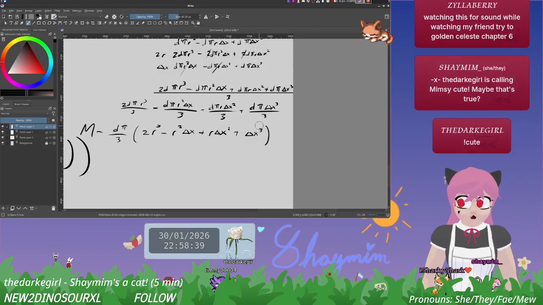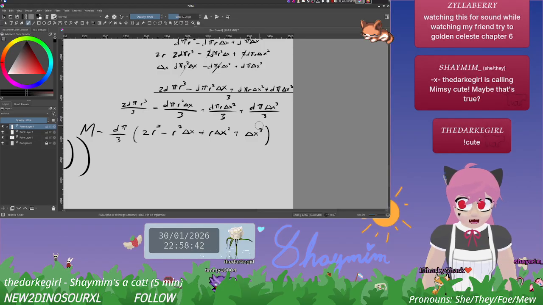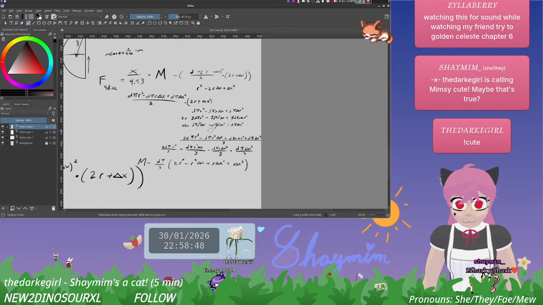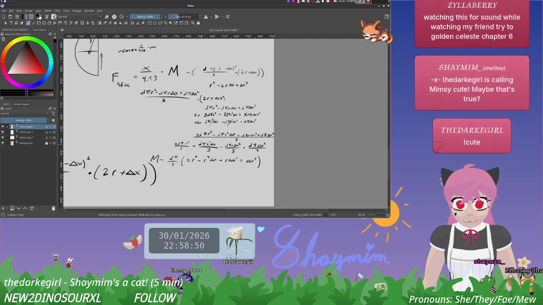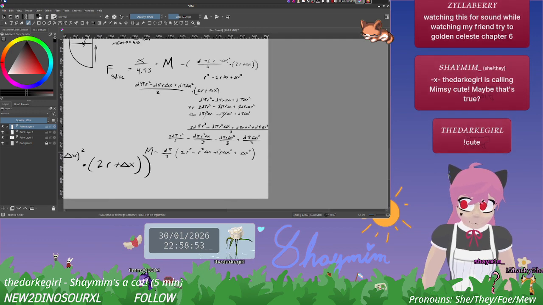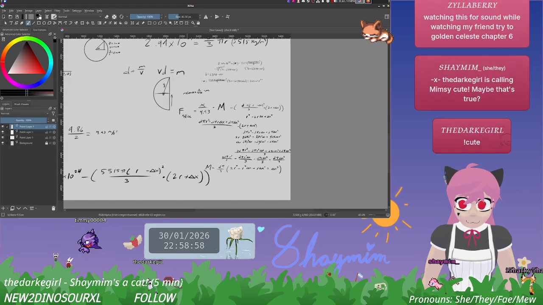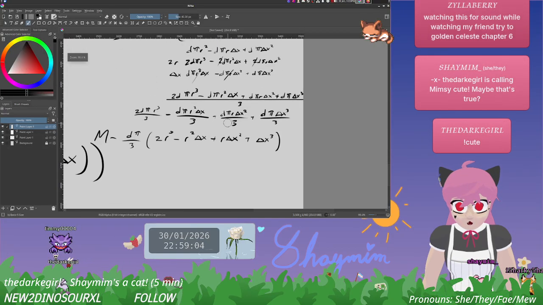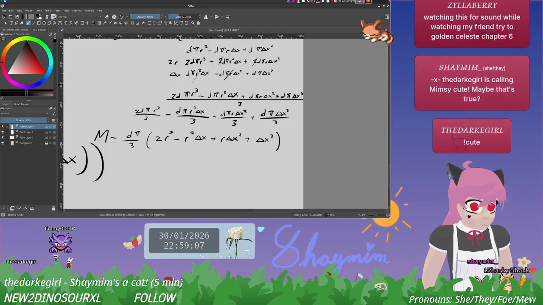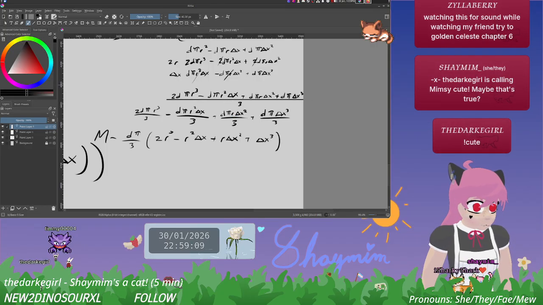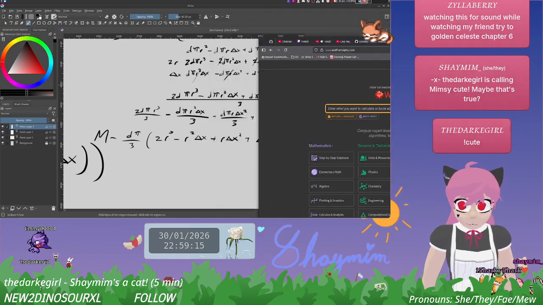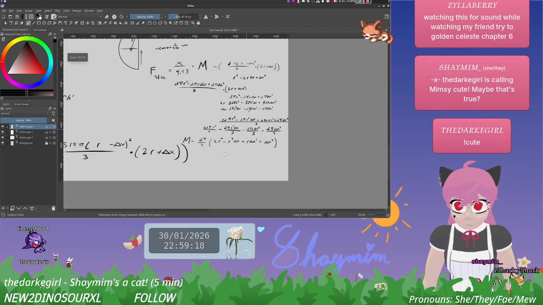So maybe we see what Wolfram Alpha has to say. Because technically speaking, I don't have to solve this myself, and it doesn't seem like it's in my capabilities.